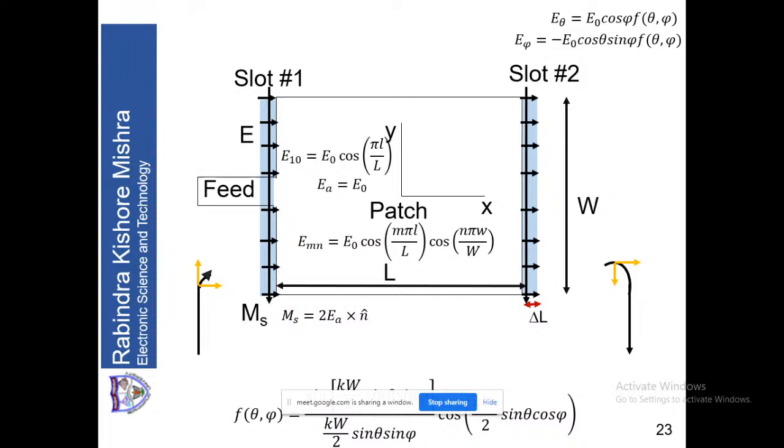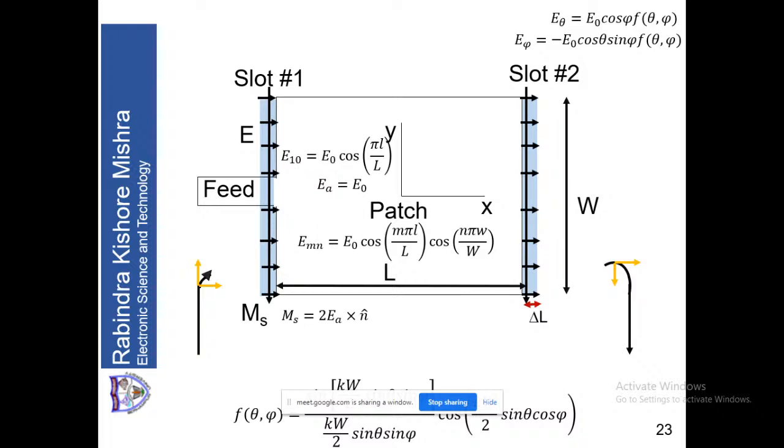Now we have found out E theta and E phi for the patch. Once we know E theta and E phi, then we can find out the principal patterns in the principal planes, the E plane and the H plane.